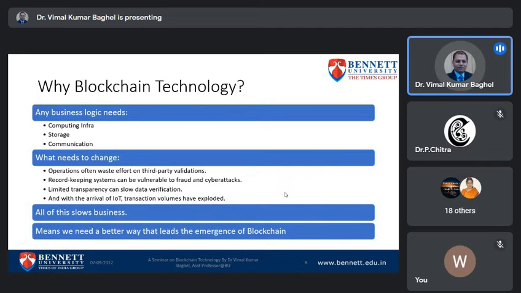All of these slow the business, and if the business slows down, our growth is slow, and we don't want that. So we need a better way, and now there is a solution for that, which is leading towards the emergence of blockchain technology.